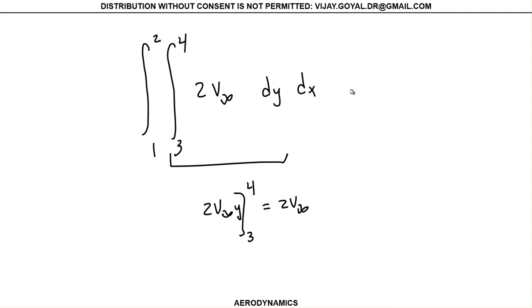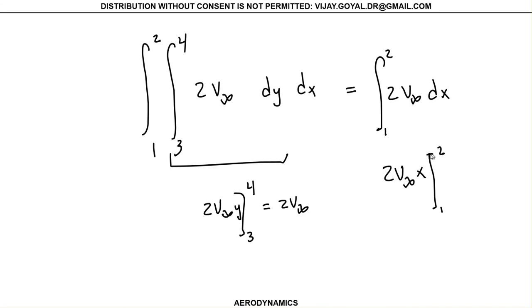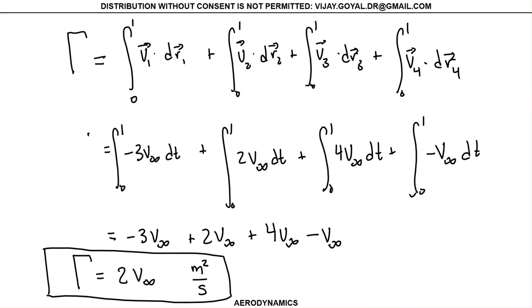Okay, so then the next integral going into x will be 2 times v infinite times dx, and that would give you 2 times v infinite times x, evaluated from 1 to 2, and that would give you 2 times v infinite.